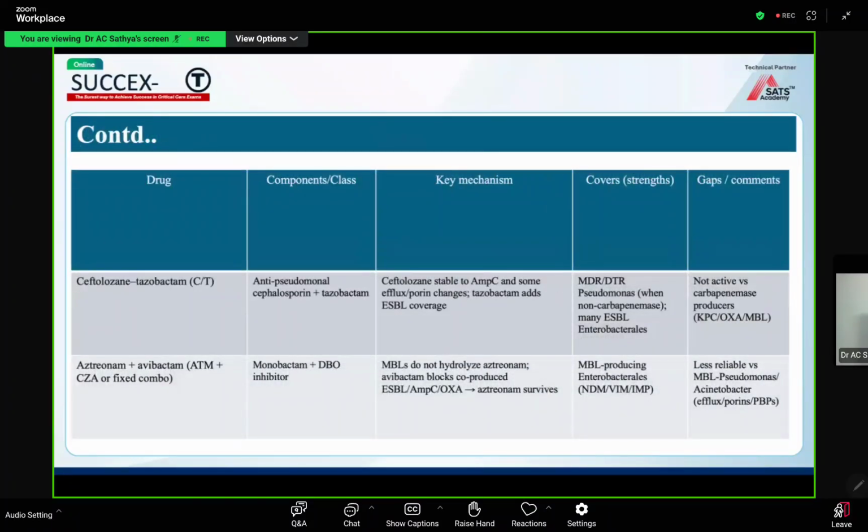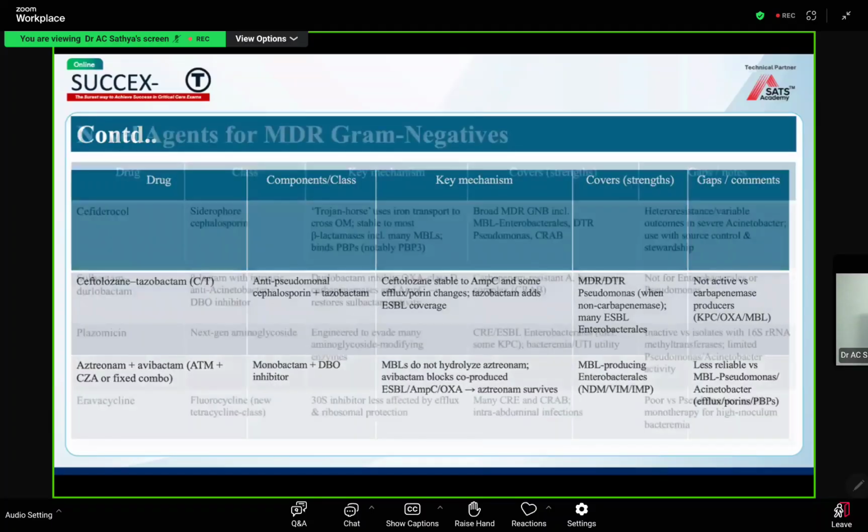Another drug with beta-lactamase inhibitor activity is ceftolozane tazobactam, which is again active against MDR and DTR Pseudomonas. It's not active against KPC, OXA or MBL. Aztreonam avibactam is a replacement for ceftazidime avibactam plus aztreonam when we have to use that as a combination, and can be used for NDMs, most important.